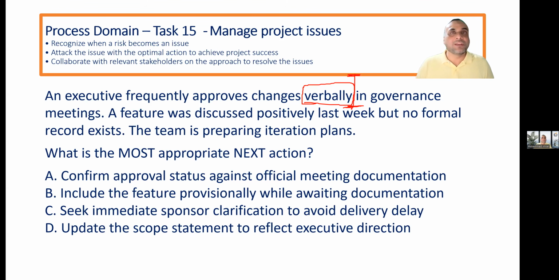You will not tell them, sir, can you please write a change request? They will throw you out also. So you will do the work for them. You will make the change request and go to them: sir, I have prepared it, can you please just sign it? This is what you need. You are trying to verify and take the approval.